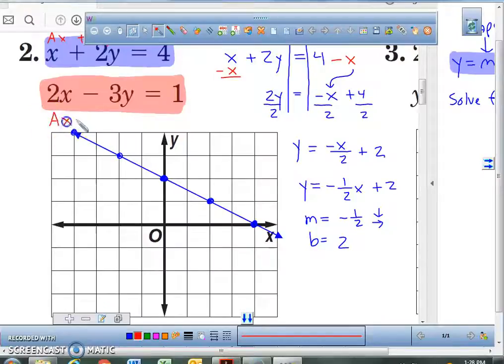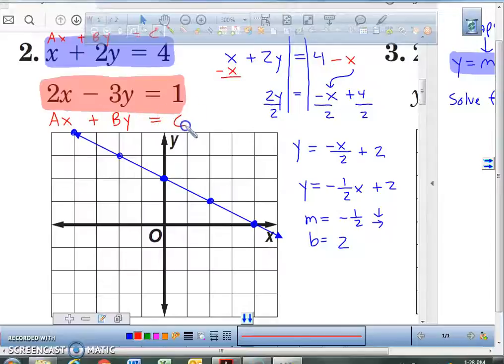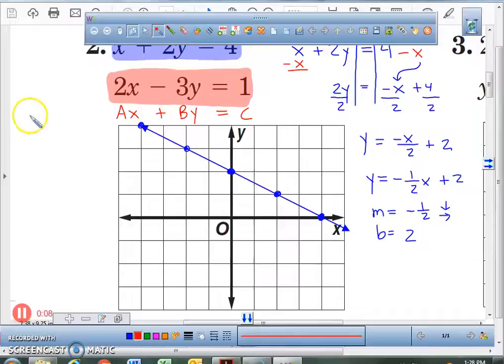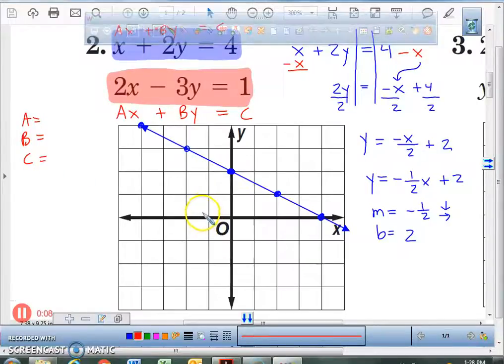So right here, ax plus by equals c. Now, if you're going to do this method, you have to be able to identify what a is, what b is, and what c is. What is our value for a? 2. For b? And c? 1.